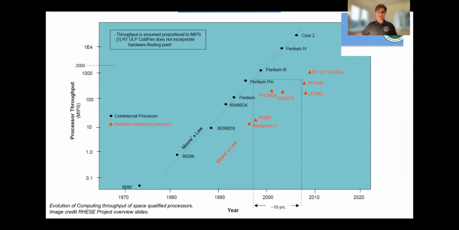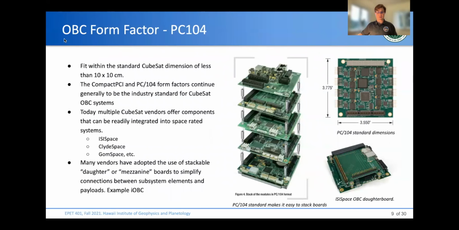Very well. So let's talk a little bit about the OBC form factor for the onboard computers. A standard that has been adopted is the PC-104. And this is an industrial standard, not necessarily a spacecraft standard, but many CubeSats have adopted this standard because of its compact form, but also plug and play capabilities.